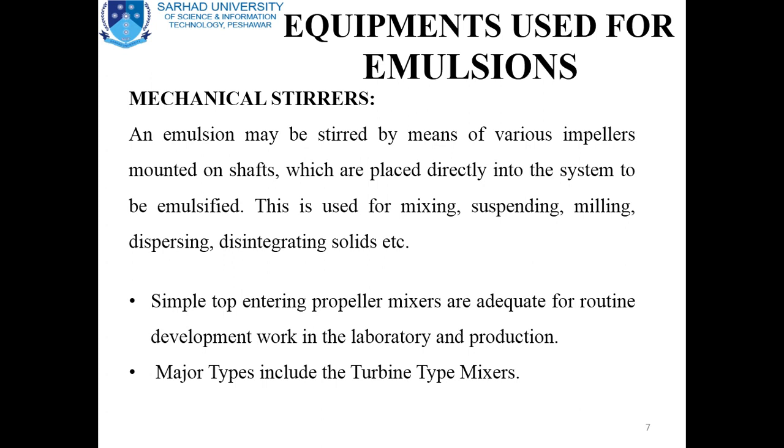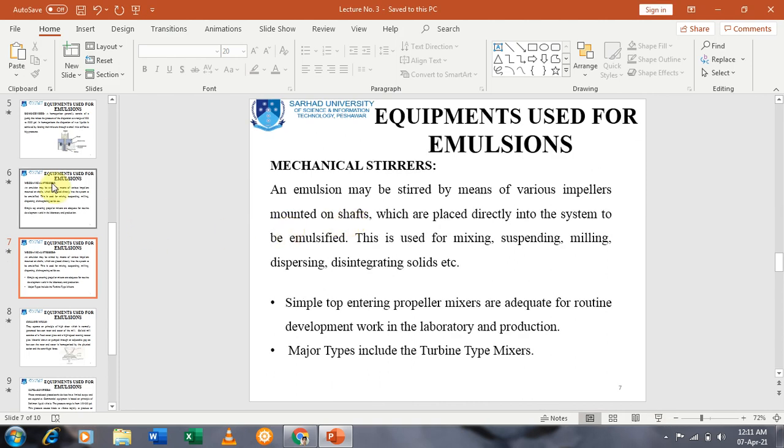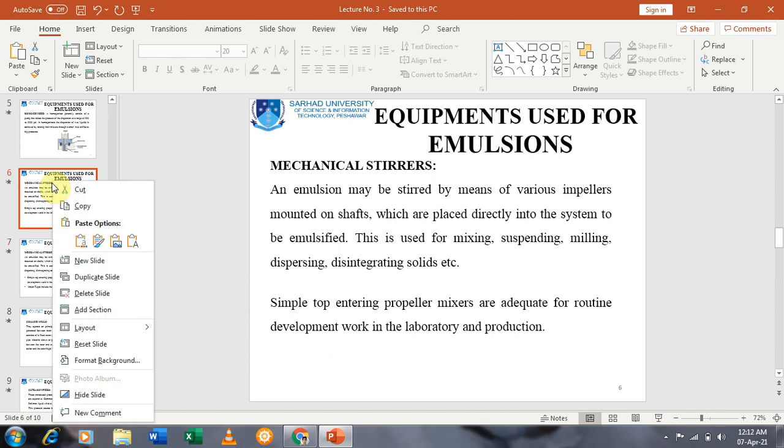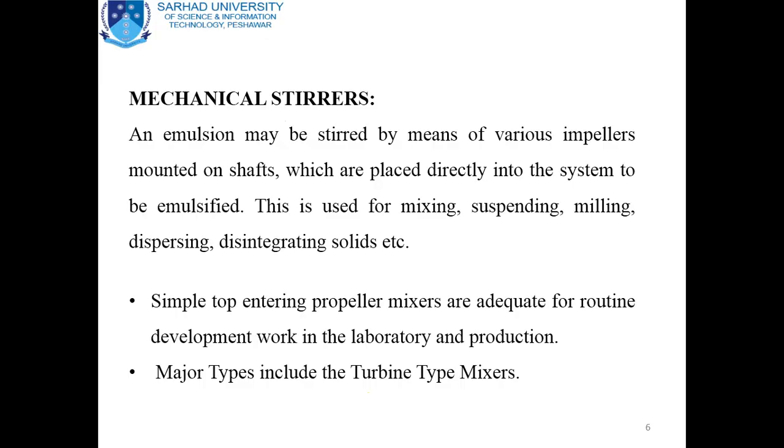Simple top entering propeller mixers are adequate for routine development work and laboratory production, but major types also include the turbine type mixer. Turbine is one of the mixing devices or impellers, and these are the major types of mixer, included in the mechanical stirrer, which is responsible for mixing or emulsification.